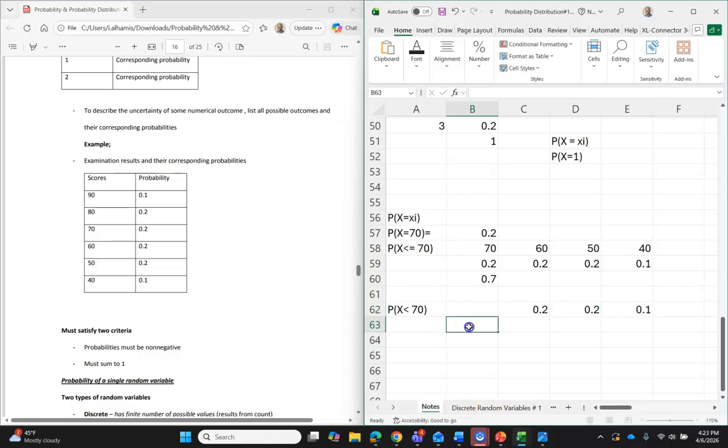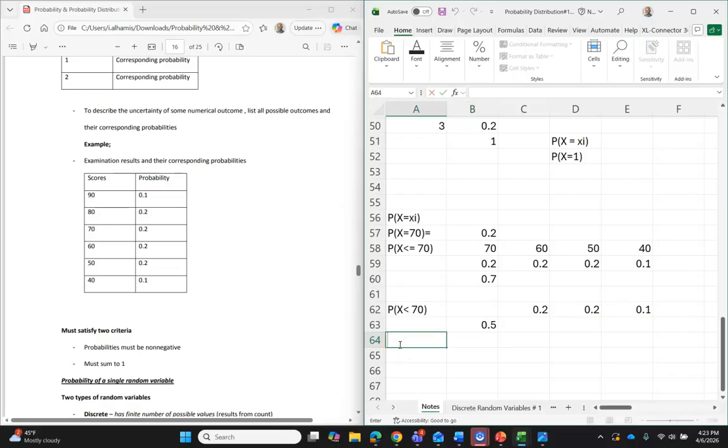And we can put the equal sign and sum what is less than 70, close the bracket and enter. We have 0.5. So you can see the difference here. Here 70 is included and here 70 is excluded. We are looking at the values less than 70.